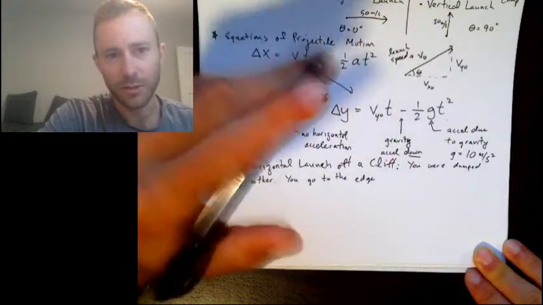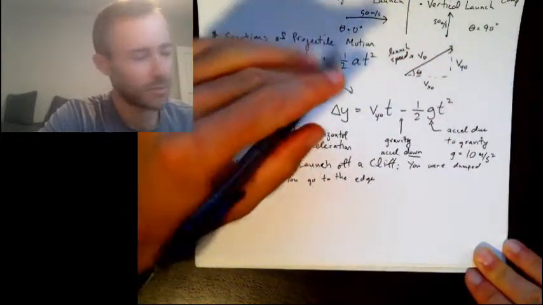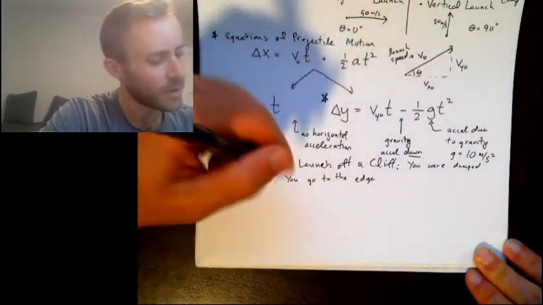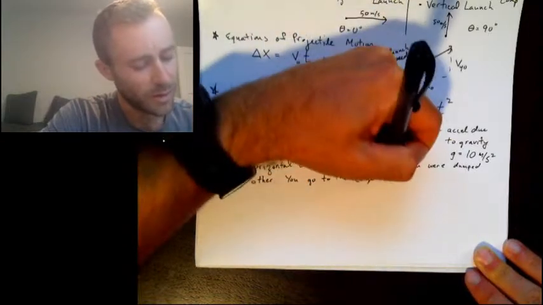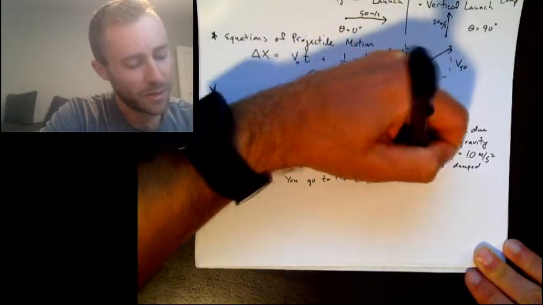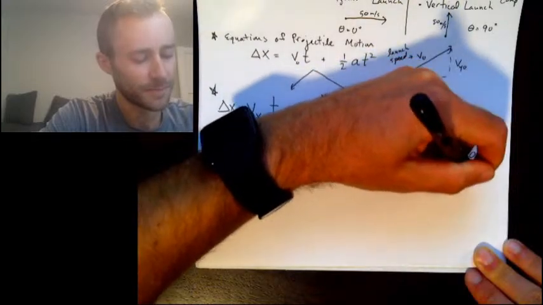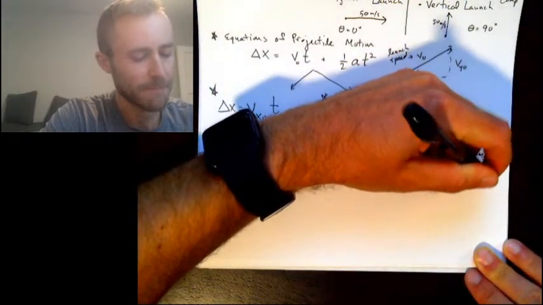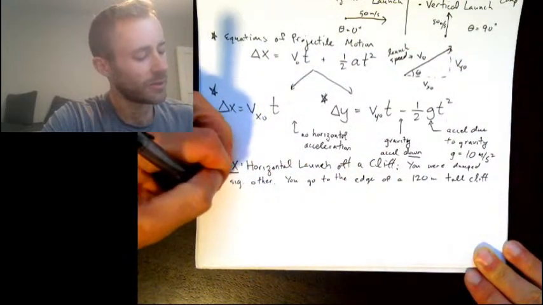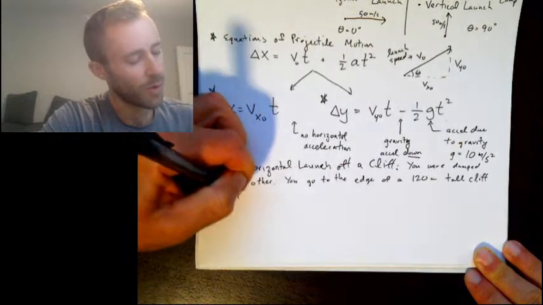Now this is going to sound dark before I explain the problem completely, but it's not dark. You go to the edge of a 120 meter tall cliff. And throw.